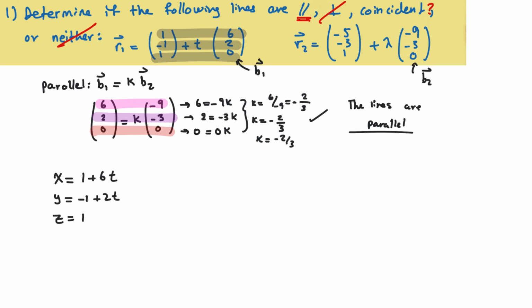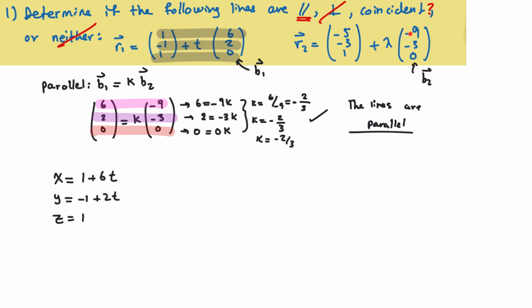We're just doing all the x, y, and z components. Now here's the equation, and in this equation, the x, y, and z values represent any point on this line. And we're going to test to see if one of the points on R2 lies on this line as well.